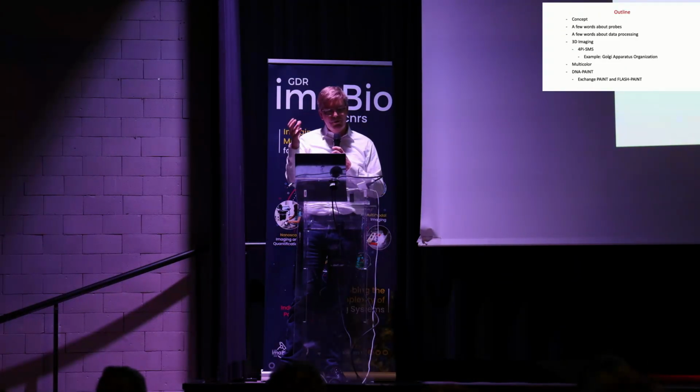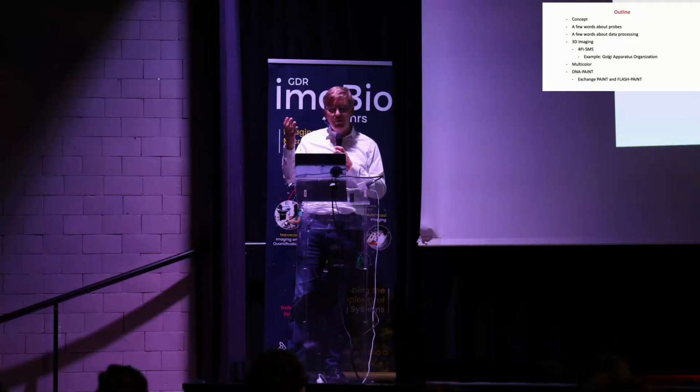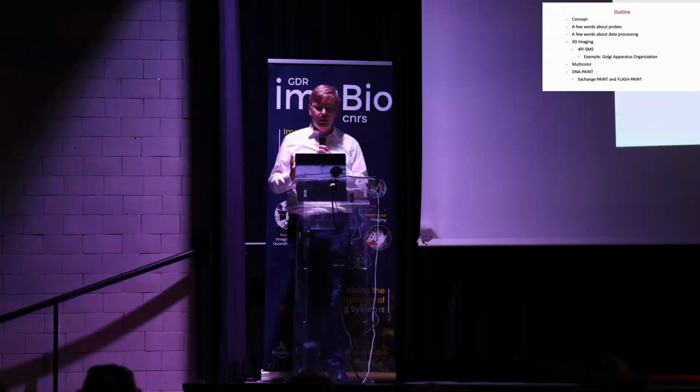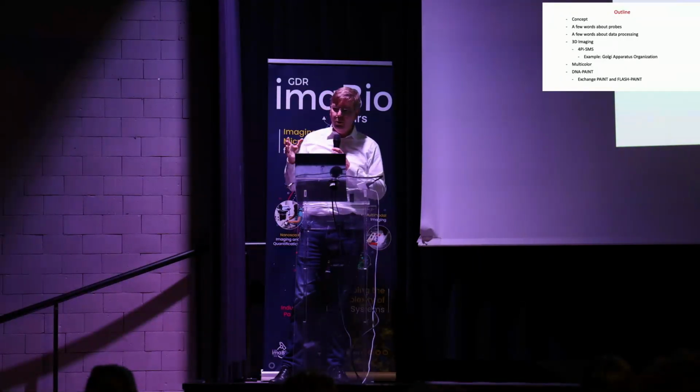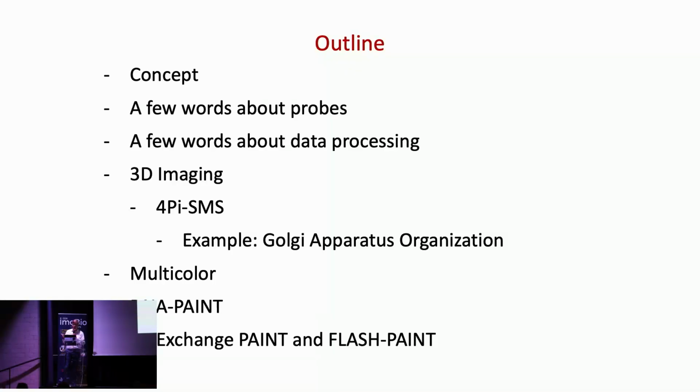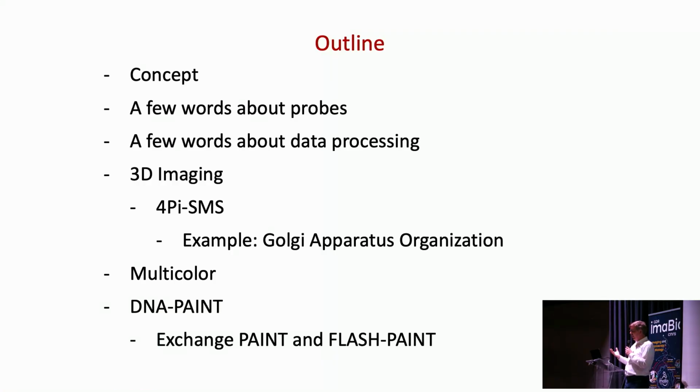After talking briefly about the concept, and having a slide or so about the different probes we are using and the data processing we are using in single molecule localization microscopy, I want to focus a little bit on 3D imaging, what the challenges are and what the solutions are for it, and then go into a kind of a case study of the 4Pi SMS microscope from our lab, and give you a very new cell biological example of how we apply this to investigate the organization of the Golgi apparatus.